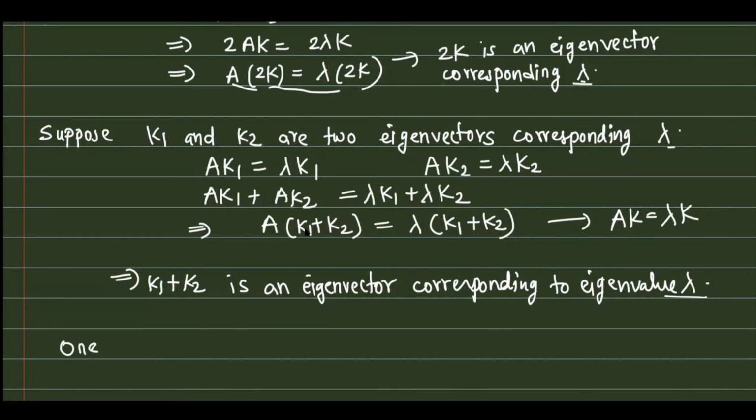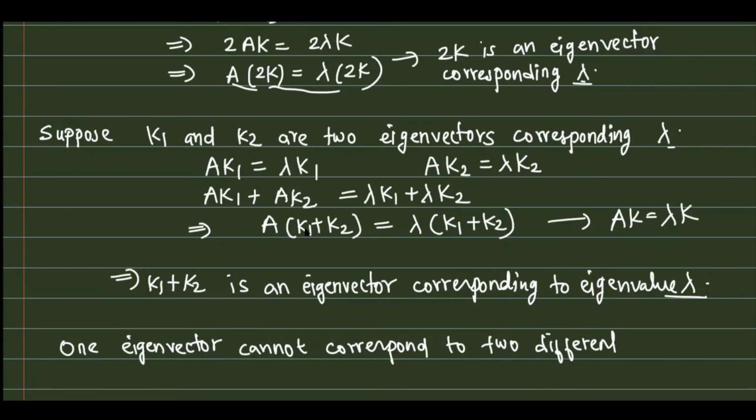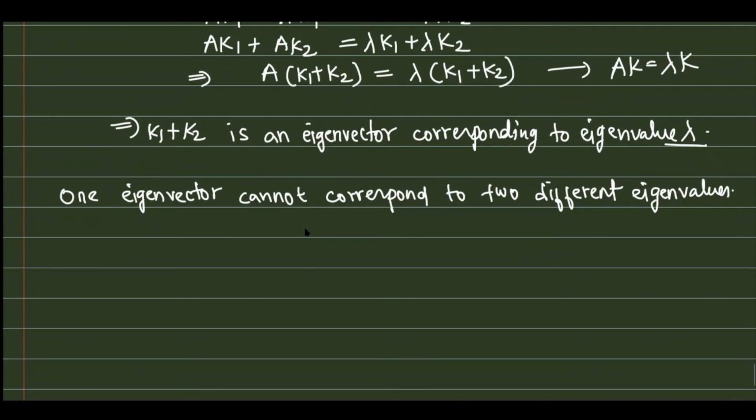That is, suppose we have two different eigenvalues corresponding to the same eigenvector k.